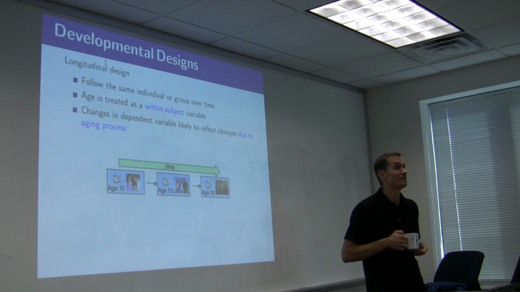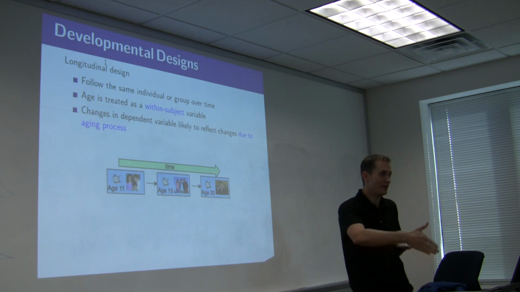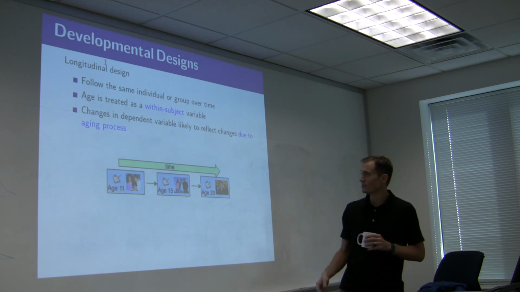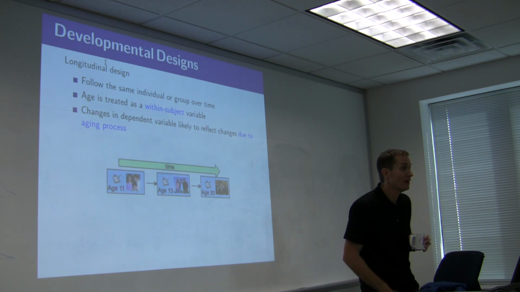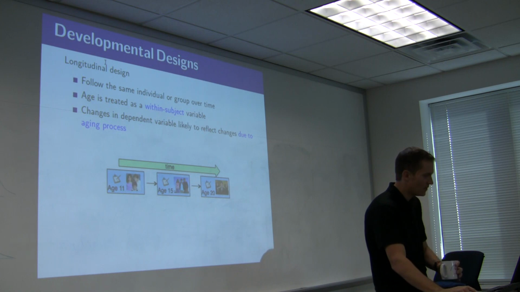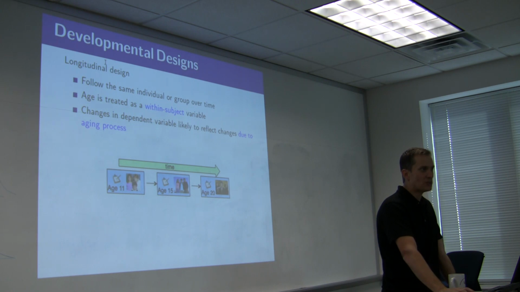You're looking at differences between these groups. On the other hand, in a longitudinal design, you actually follow them. So you take them at age 11, and then on to age 15, and then on to age 20. As you can see, this is going to be a 10-year study. Okay? So don't do that for your thesis. And the big difference, I don't know if you caught this or not, if you think about between versus within subjects, that's what defines the difference between a longitudinal and a cross-sectional design.